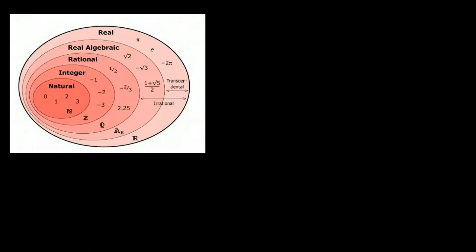Now all of these numbers together, the natural numbers, the integers, the rational numbers, and irrational numbers, include what we're calling real algebraic numbers, numbers that we can discover using algebra, and other numbers called transcendental numbers.